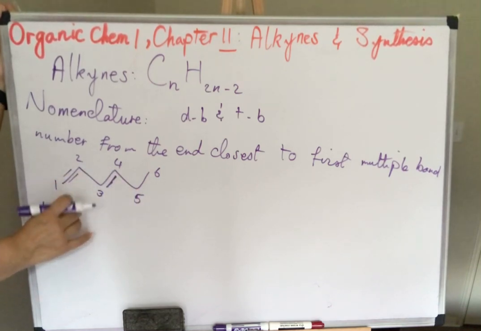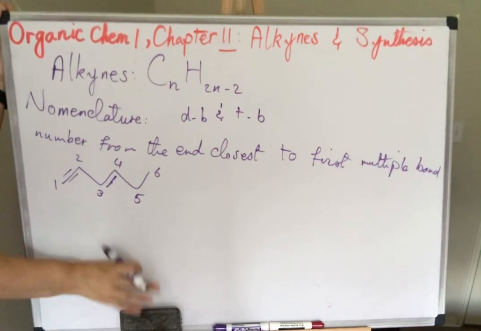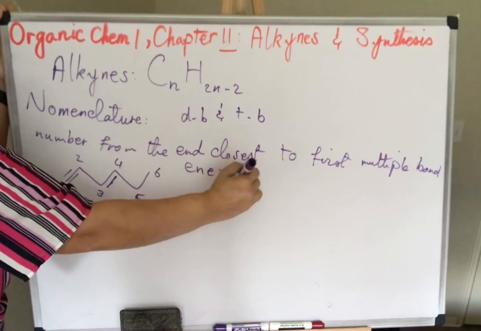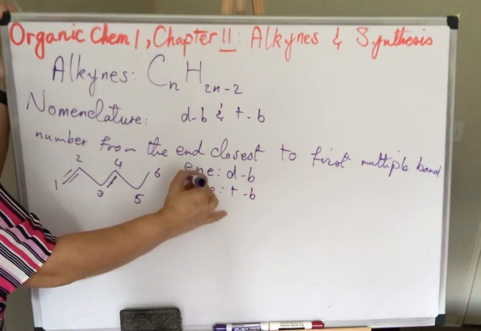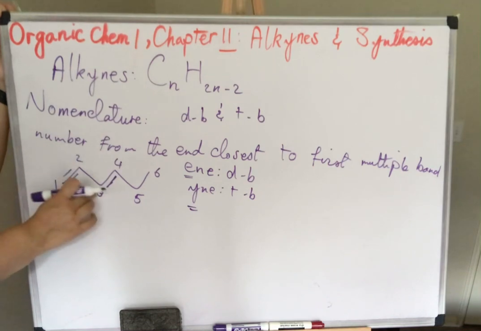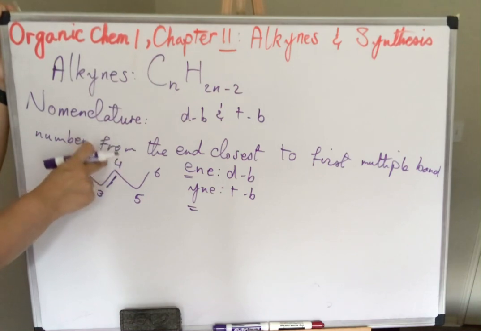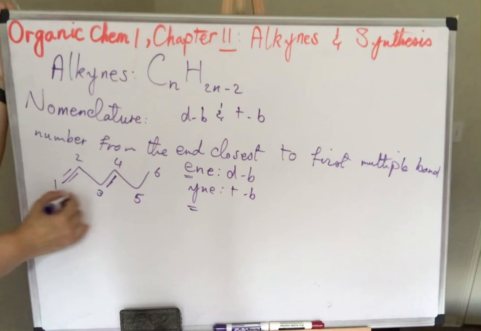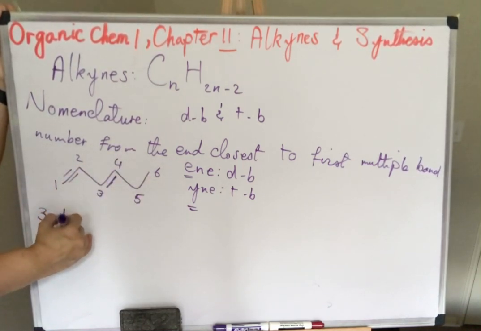It's 1, and wait a minute. You bring the ene for double bond before ine for triple bond. Why? Because E comes before Y. So you number from closest to the first multiple bond, whether it's double or triple, but name the ene first. Where is the double bond starting? The third one. So it's 3. How many carbons do you have? 6.